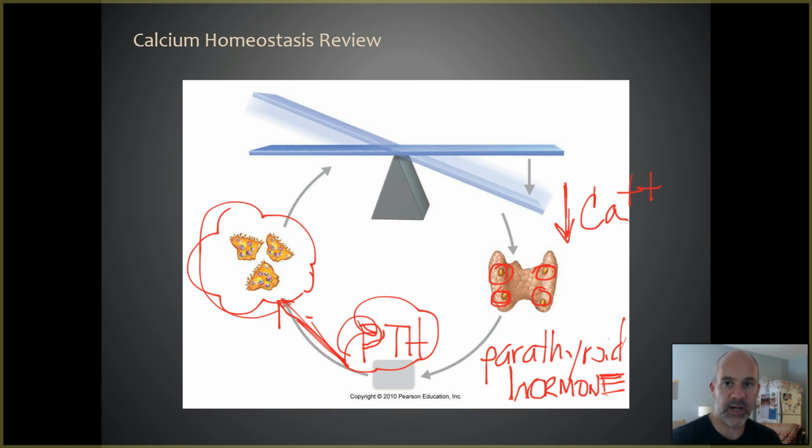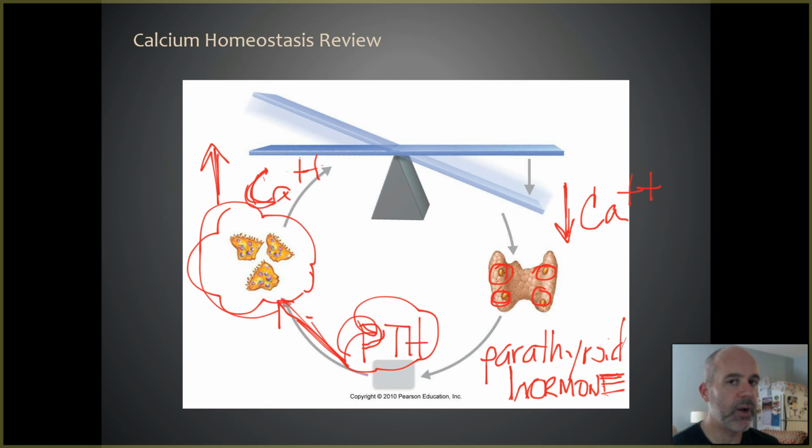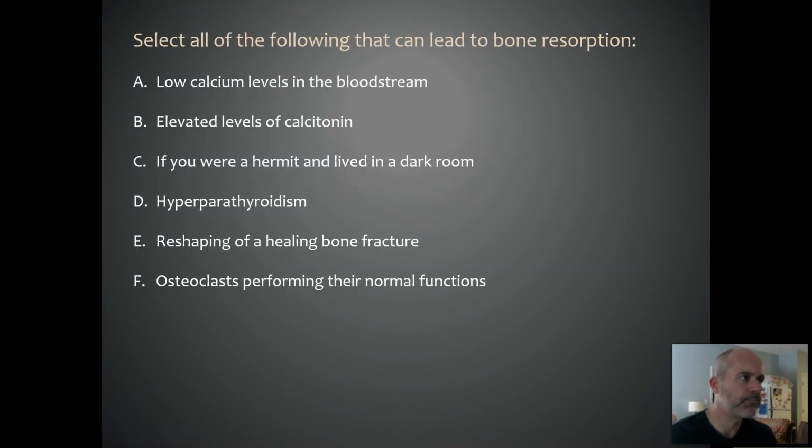It breaks down those hydroxyapatite crystals where you have calcium ions stored, and that causes calcium ions to be released into your body fluids. They get into the blood, and your calcium ion levels go back up. So that's the key story of calcium homeostasis. So it's primarily controlled by these little bitty parathyroid glands and this hormone that they make called PTH, parathyroid hormone.